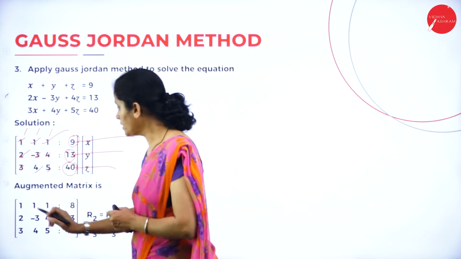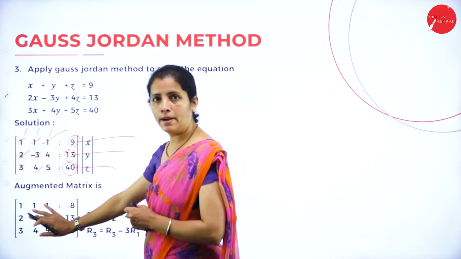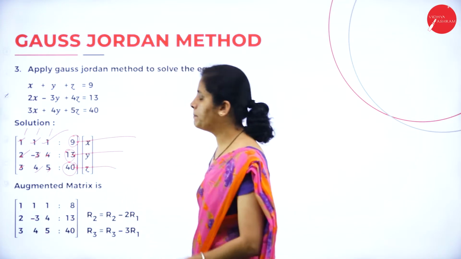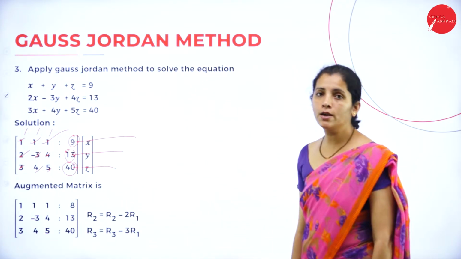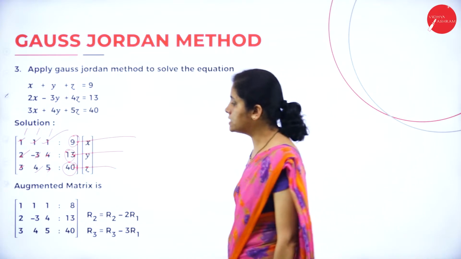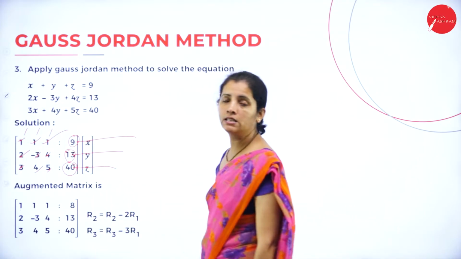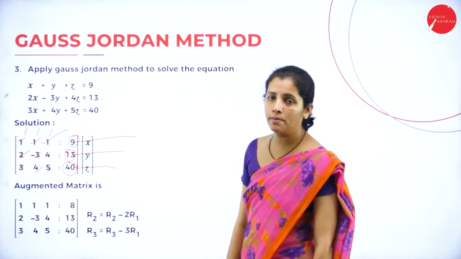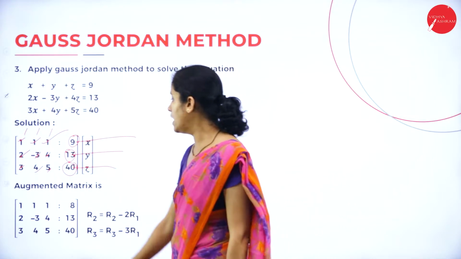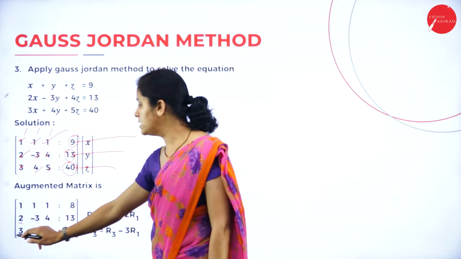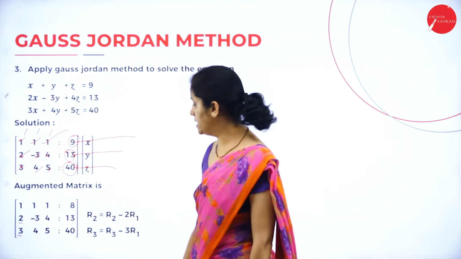So here I have the augmented matrix. For this I'm going to apply the 0. In the Gauss-Jordan method, except diagonal elements, I want to make the rest of the elements 0. So here I want to make this element 0 at the beginning.